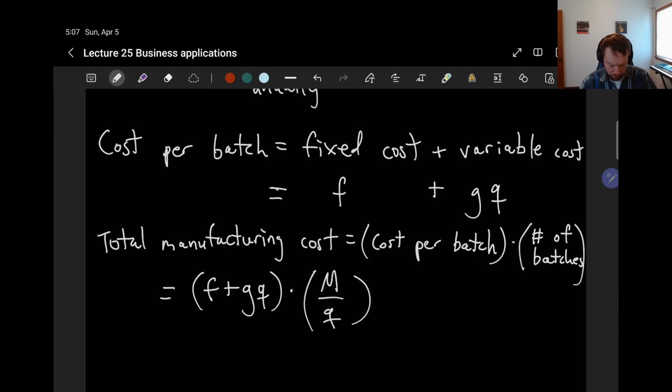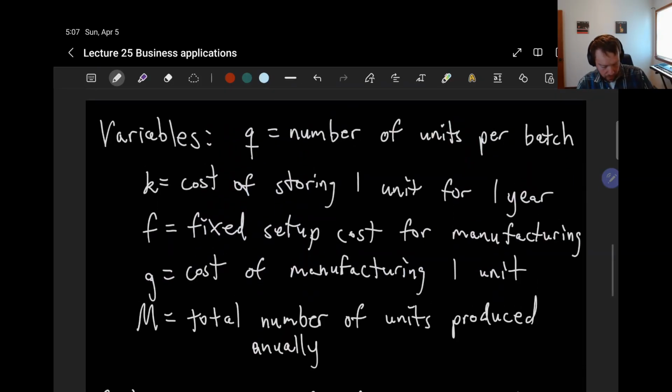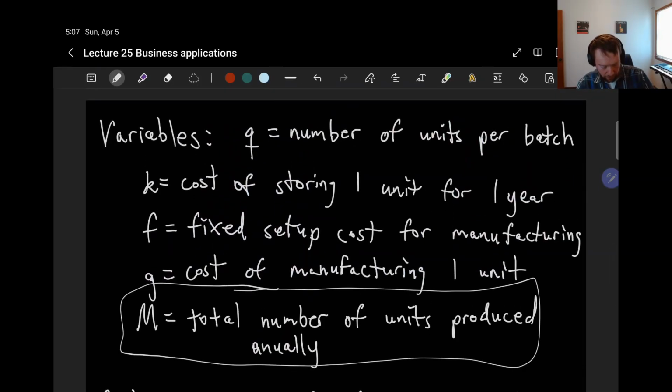Now, why is that? M is the total number of units that we produce annually. So think like cases of honey, and that's going to be the example I'll do in a bit.